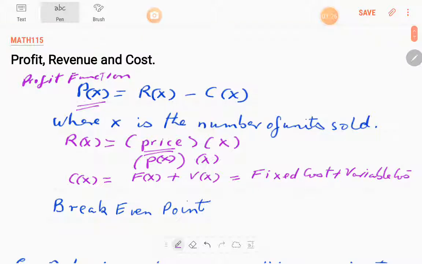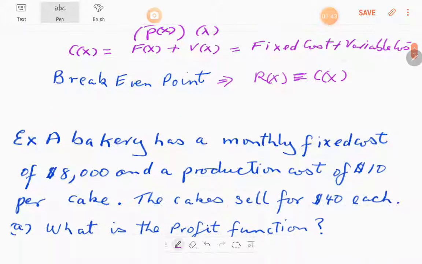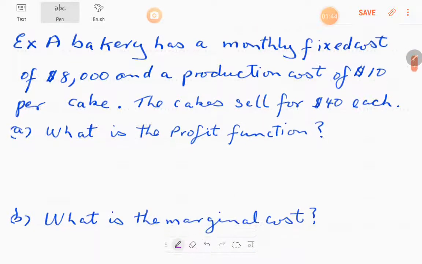Our break-even point is when our total revenue is equal to our total cost, right? So at this point, profit is 0. Now let's look at an example. Here we have an example.